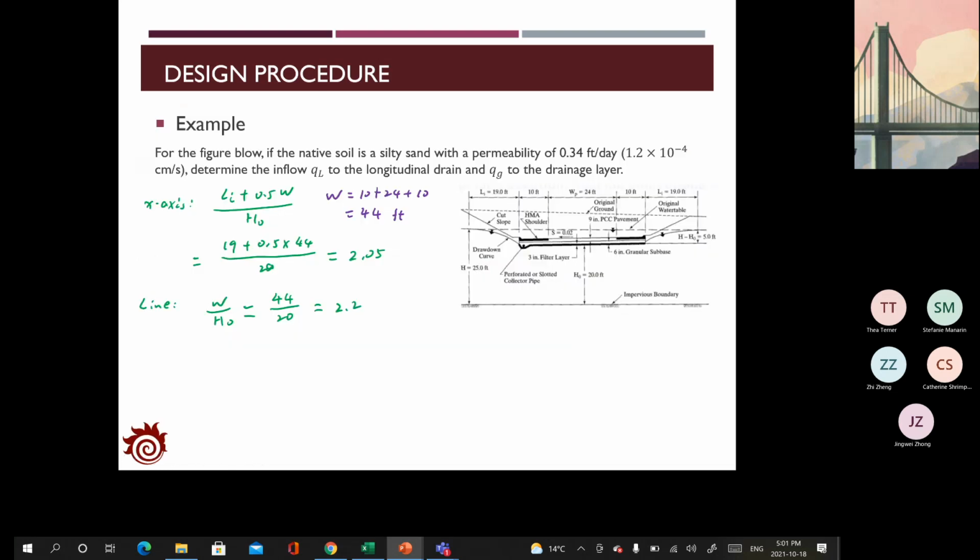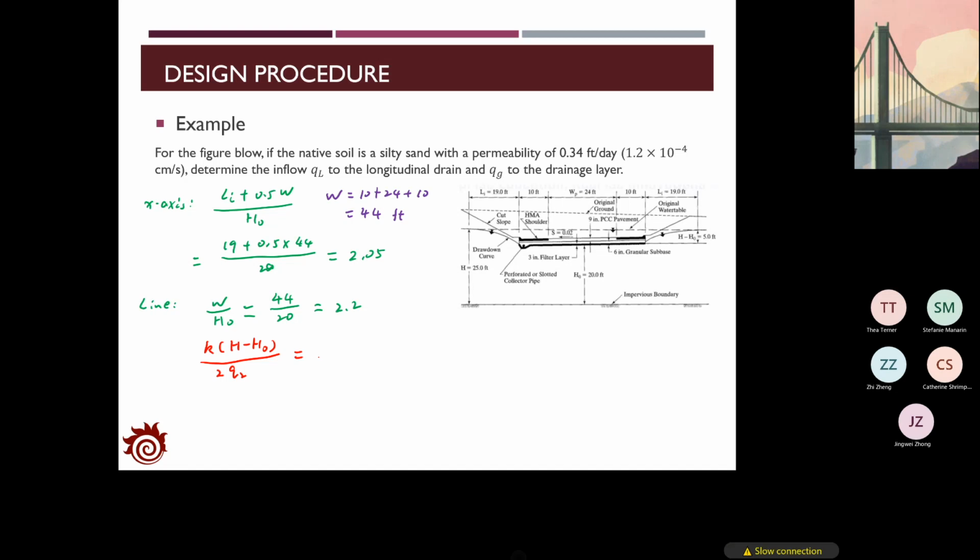By combining these two values, we can then find out the value of the y-axis, and we know that the expression of the y-axis is k times h minus h0 divided by 2 times q2, which we get the value as 0.74. So we know the value of k, we know the value of h, which means that we can easily find out the value of q2.